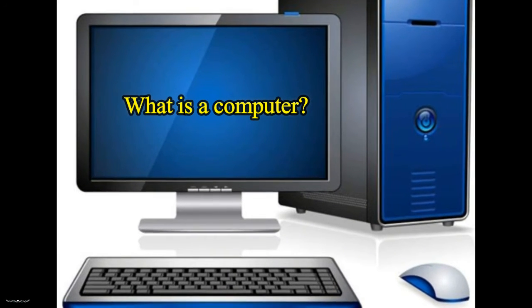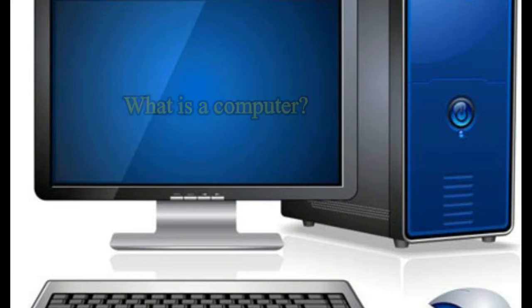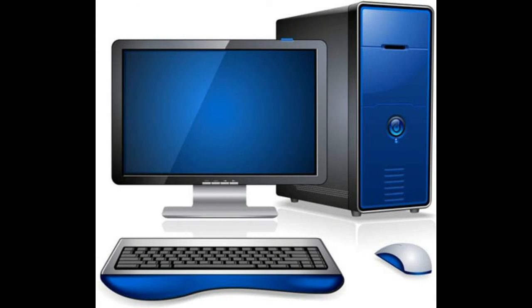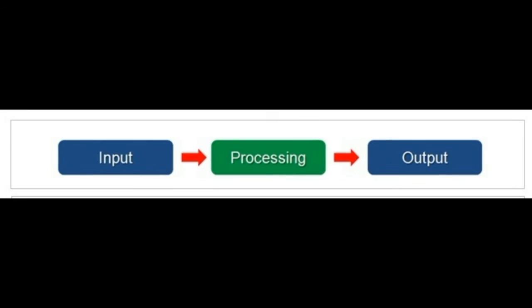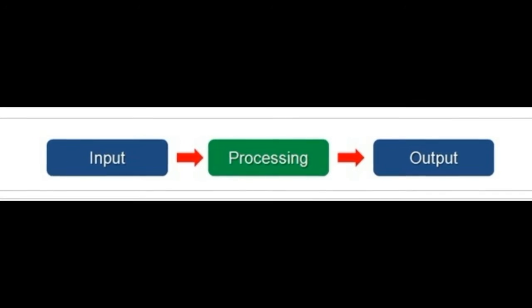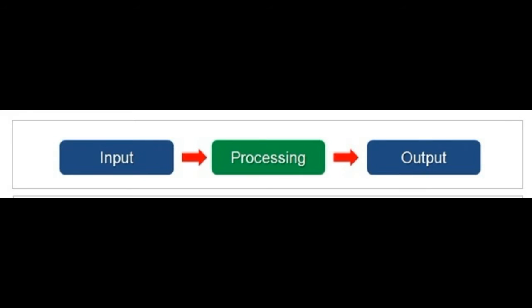First, we can see what a computer is. A computer is an electronic device and a programmable machine that can perform mathematical, logical, and graphical manipulations. It follows three steps. Number one, it receives data and instructions from the input device.